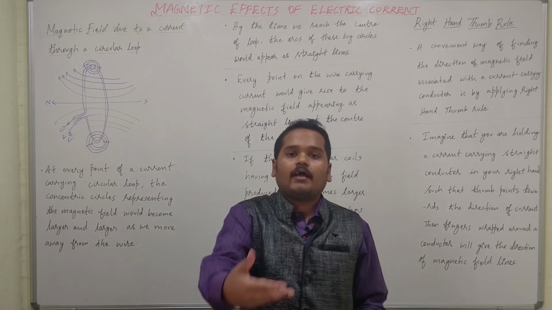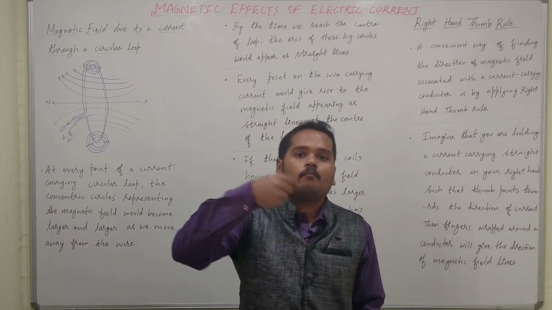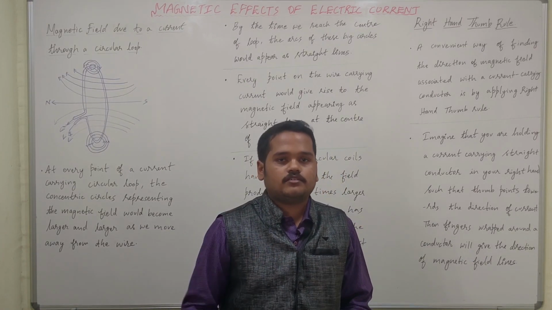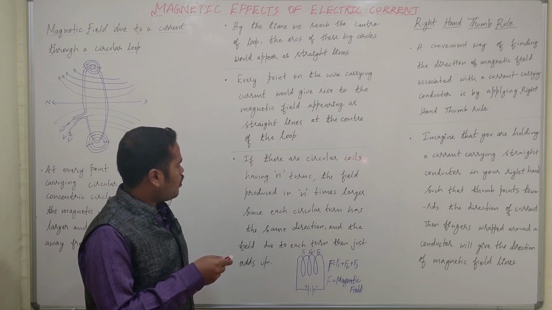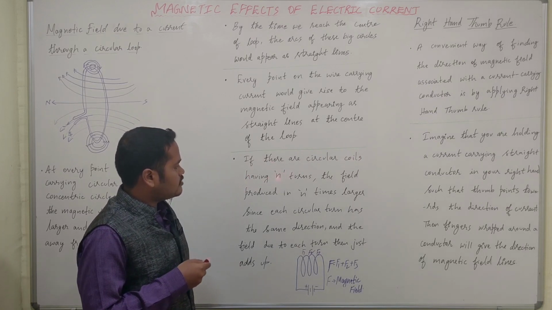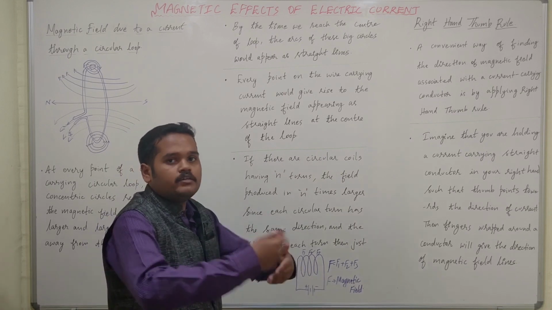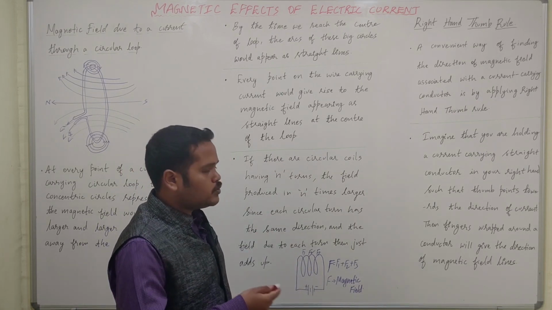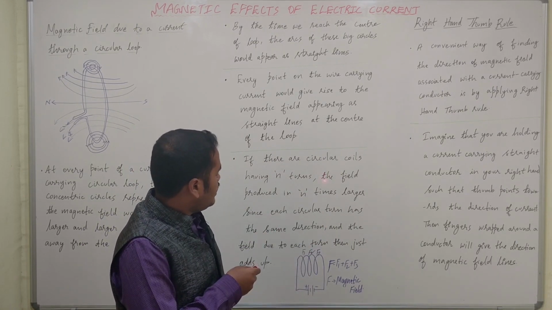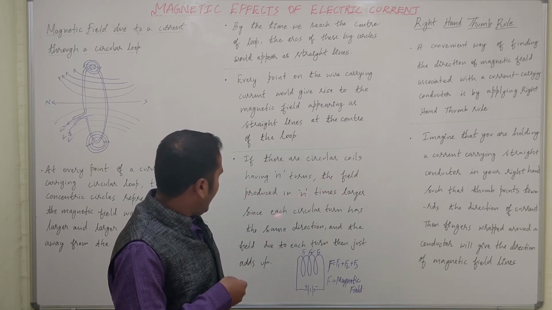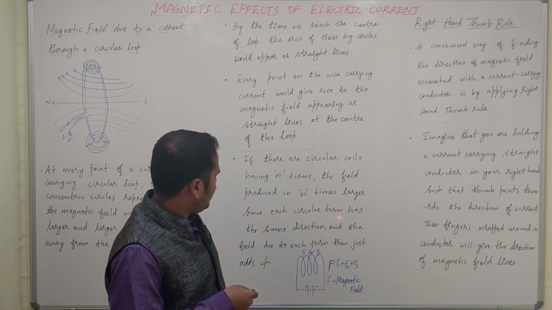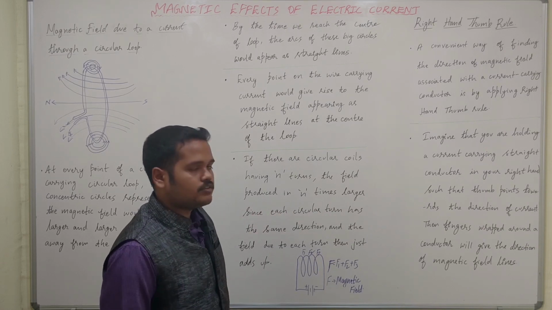So we can increase the magnetic field by increasing the number of circular turns. If there are circular coils having n turns, that is multiple turns, more than 1, 2, 3, 4 up to infinity, the field produced is n times larger since each circular turn has the same direction.